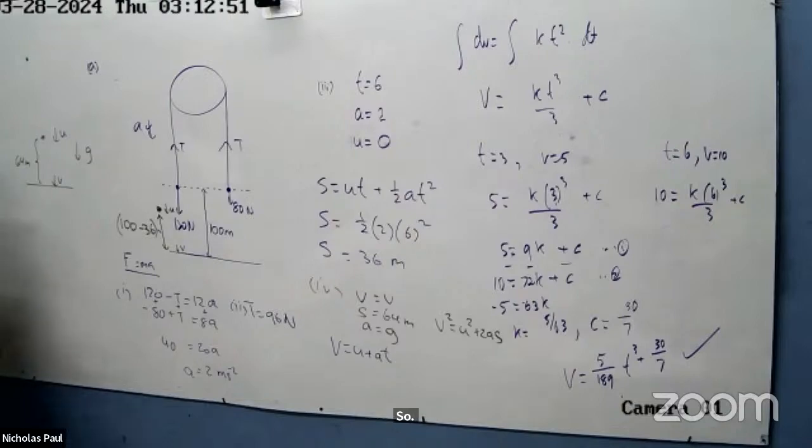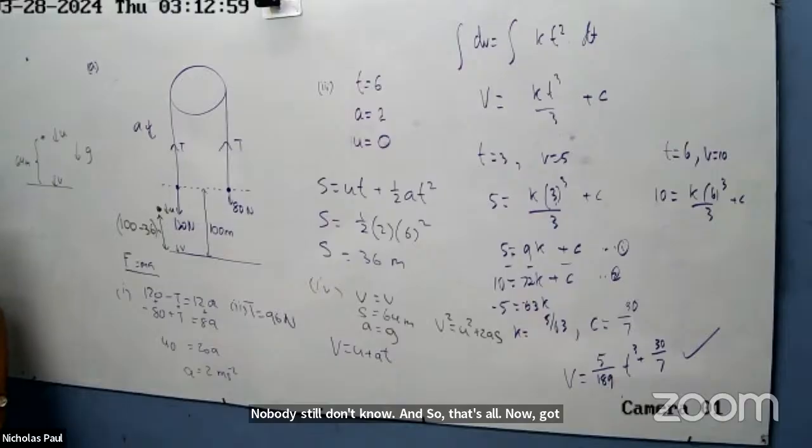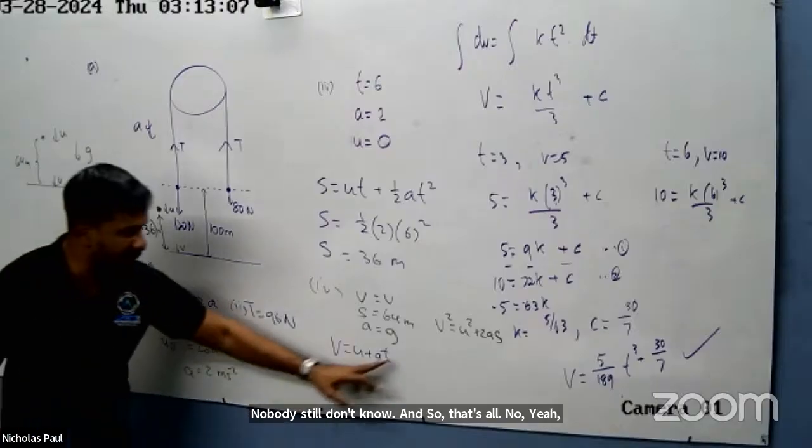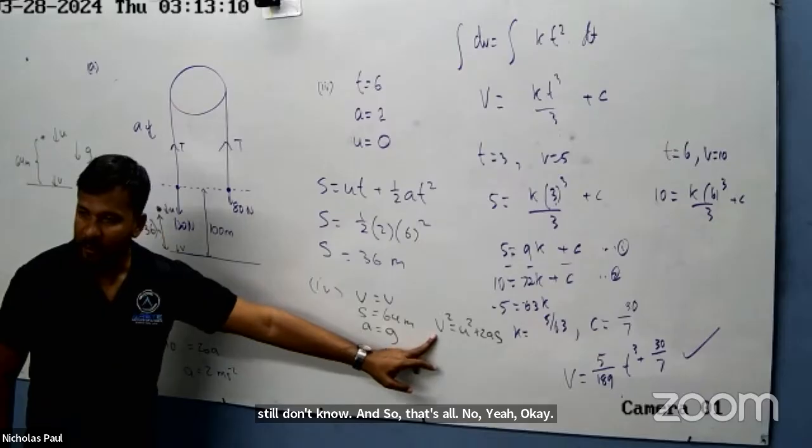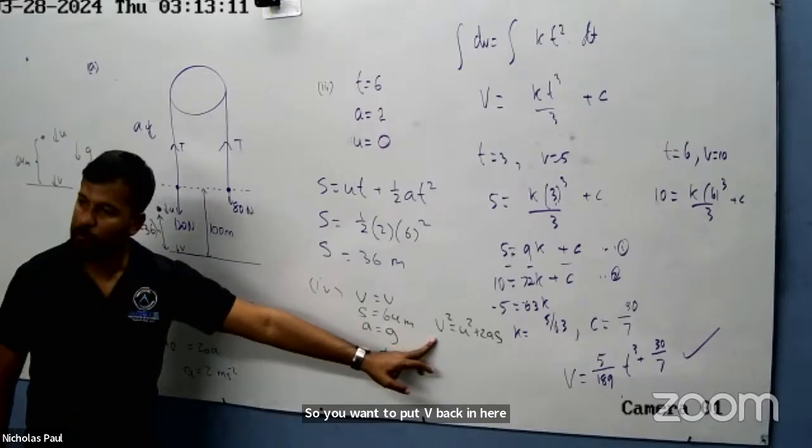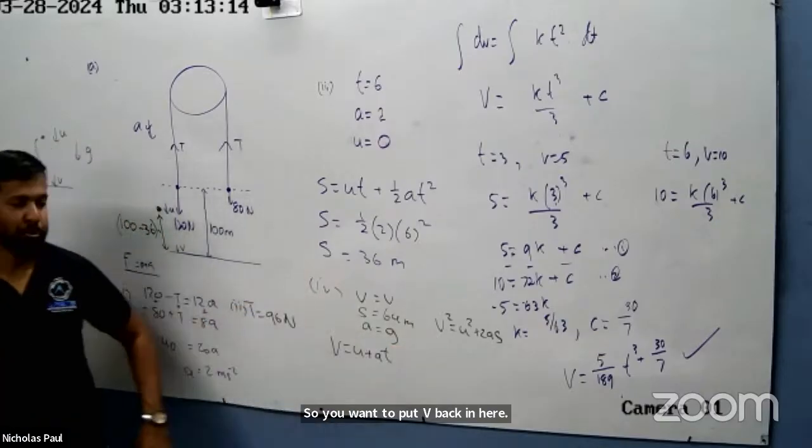But you still don't know V. So you want to put V back in here. Yeah, but you don't know U. You don't know U.